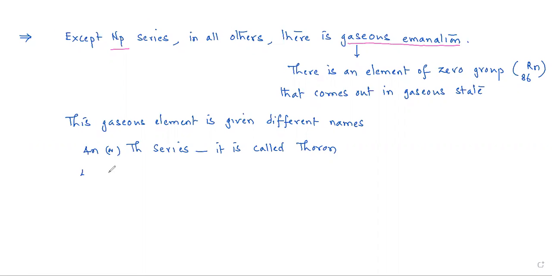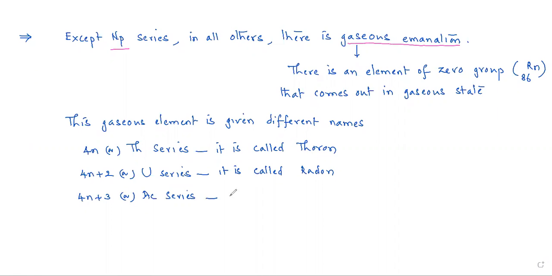In 4n plus 2 or uranium series, it is called radon, with the original name. Whereas in 4n plus 3 or the actinium series, it is called actinon.